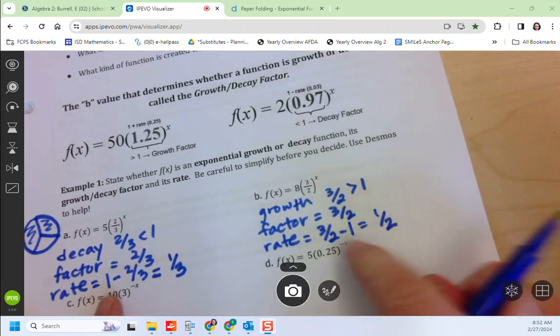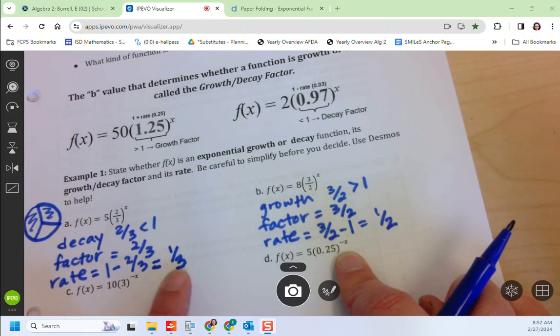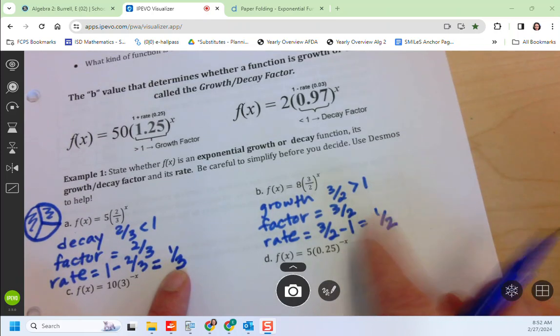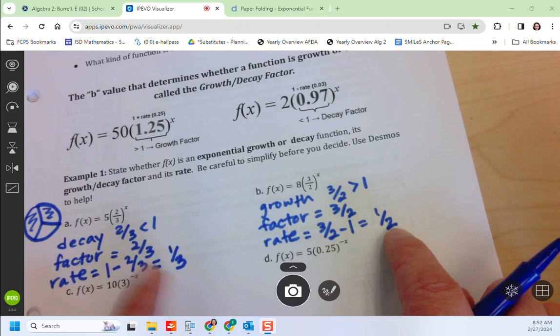Now, I know that we did this backwards before, right? It's just because we want a positive answer for our rate. So this one is decreasing by 1/3 each time, and this one is increasing by 1/2 each time, okay? If you get a negative number, just make it positive. There aren't going to be any negatives in exponential growth and decay.